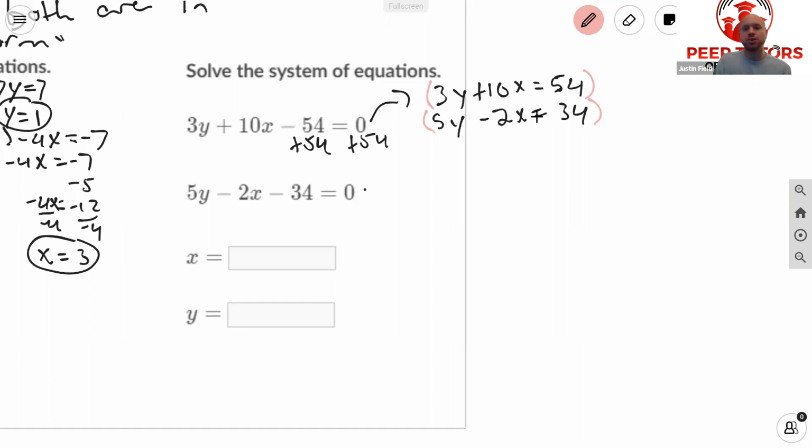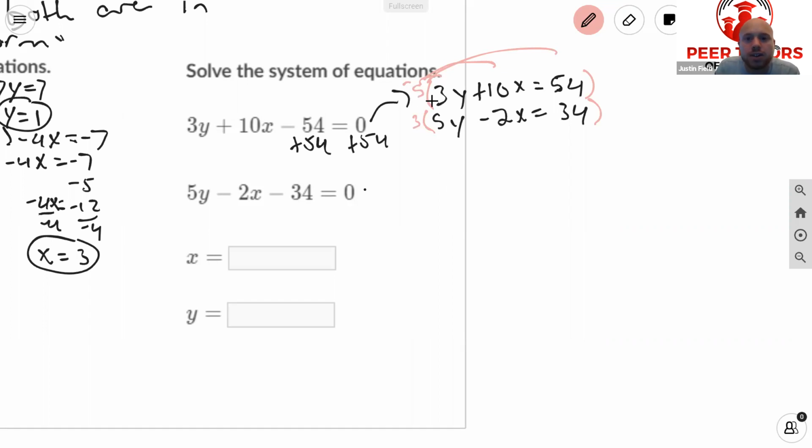So what we want to do is get them both to be 15 through multiplication. So what do I need to multiply 3 by to get 15? I need to multiply it by 5. And what do I need to multiply 5 by to get 15? I need to multiply it by 3. 3 times 5, 5 times 3, same thing. And then if I want them to cancel, just make one negative, and then when you add them together, you go to 0. So now we distribute to all 3, and then write the equations.